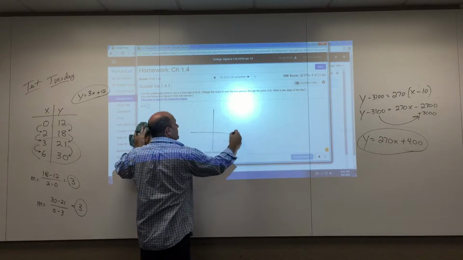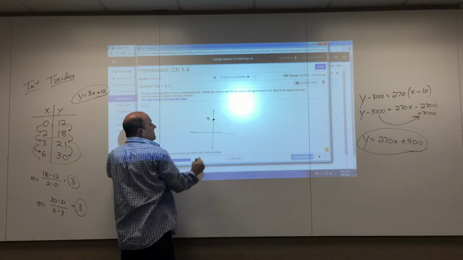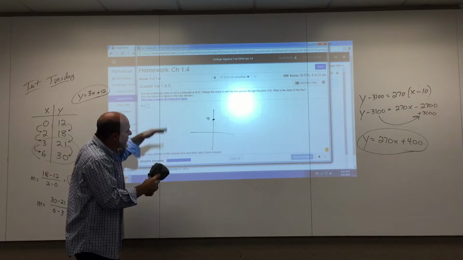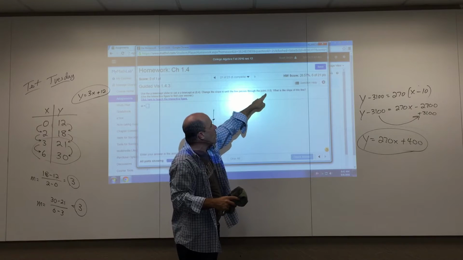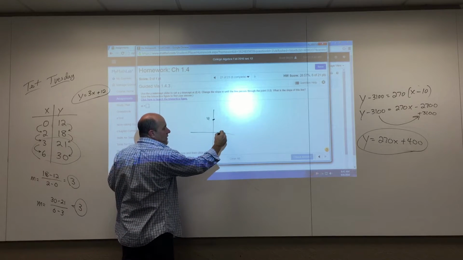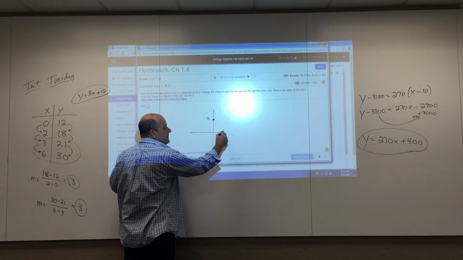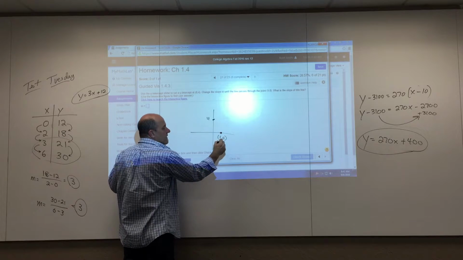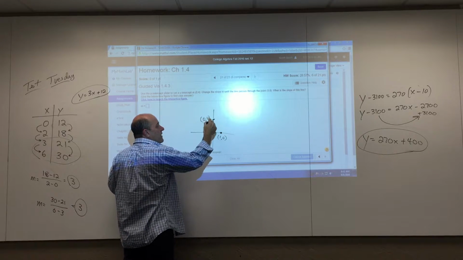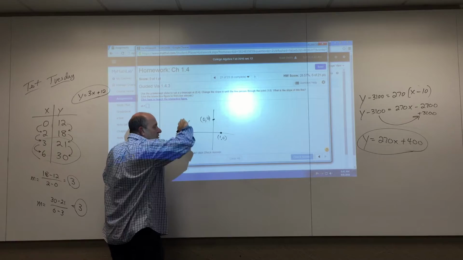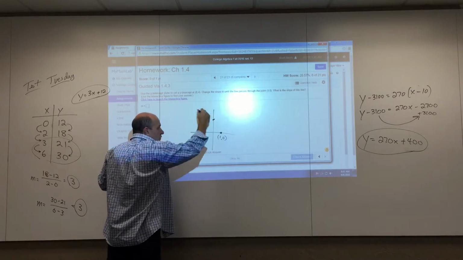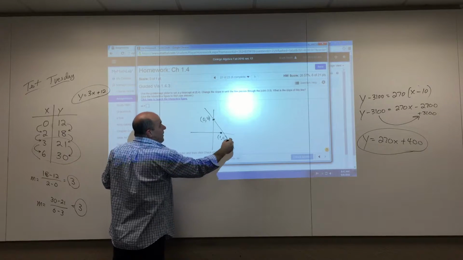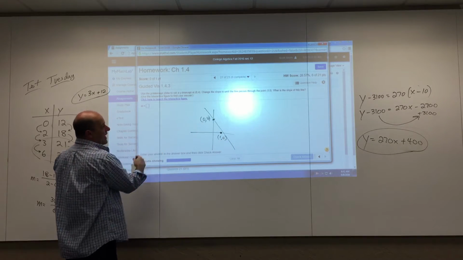Put the y-intercept at 0, 4, and then they wanted you to use the slider to move the line until it goes through the point 1, 0. So if it went through the point 1, 0, that would be here, and this is the point 0, 4. They wanted me to change the line until it goes through this point. And now the question is, what's the slope of that line?